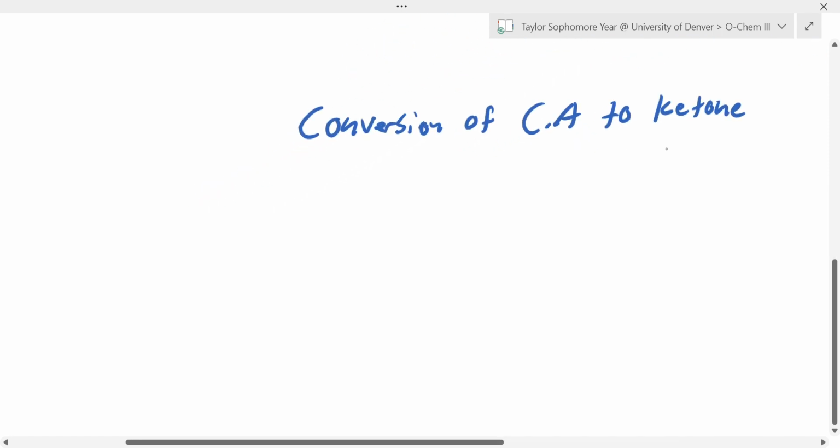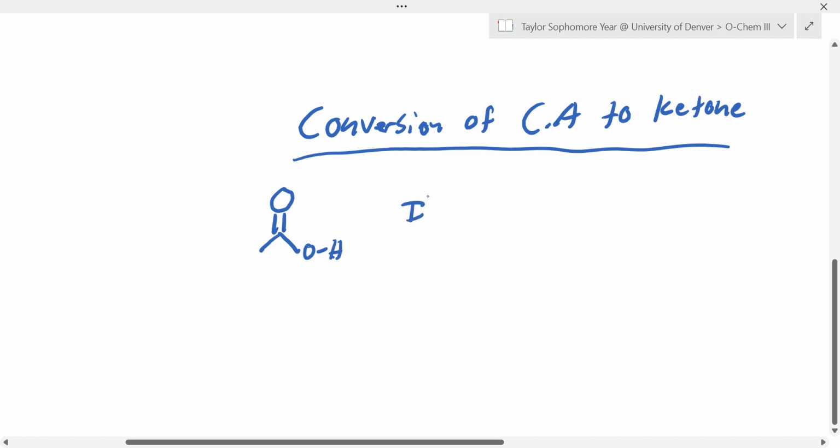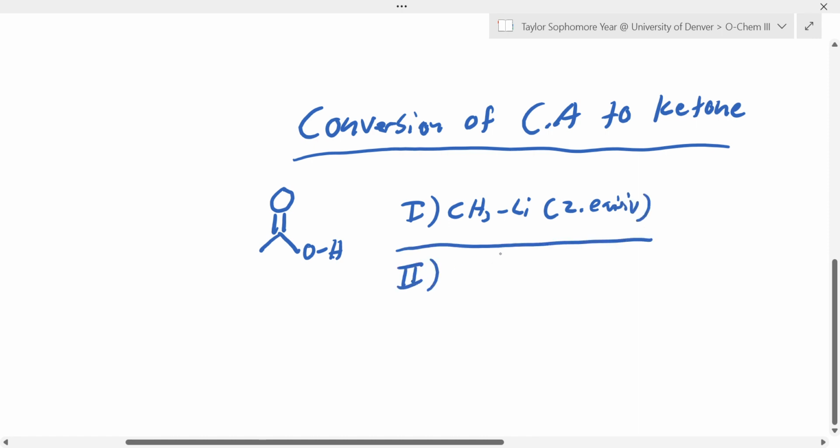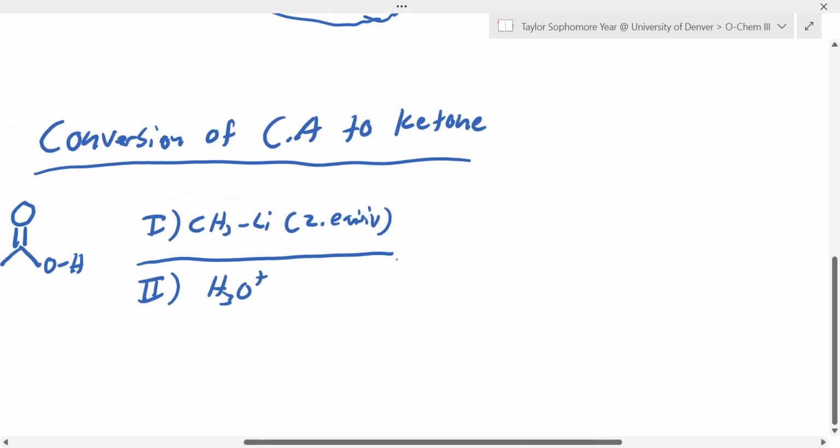The standard way that we'll do this is just take a carboxylic acid. It's a two-step process. So we'll first use CH3Li, and we'll need two equivalents of this. And we'll use H3O plus as our second step, and that will produce a ketone.